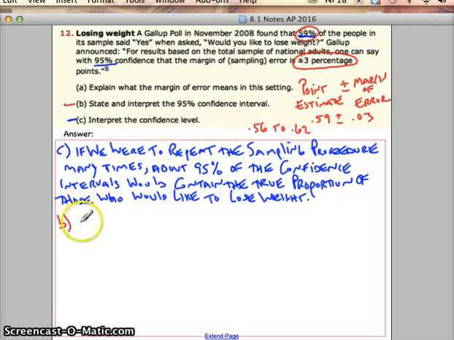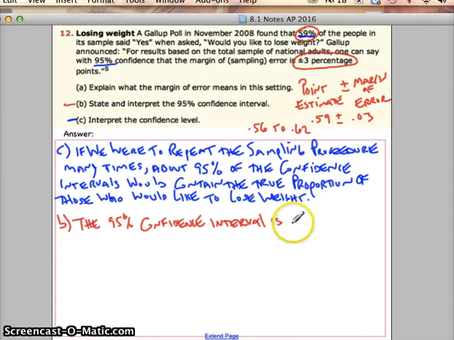So it says to state it. So the 95% confidence interval is from 0.56 to 0.62. Okay, now we're going to interpret it.